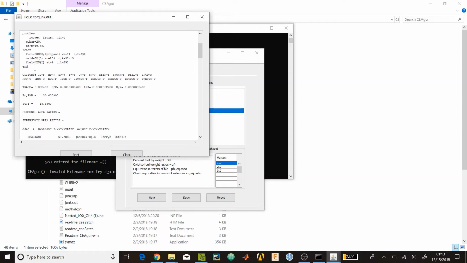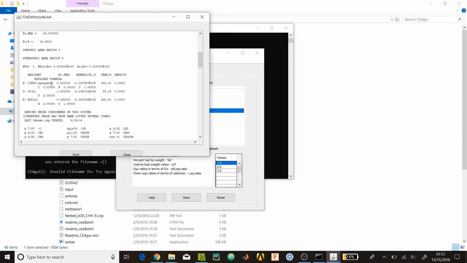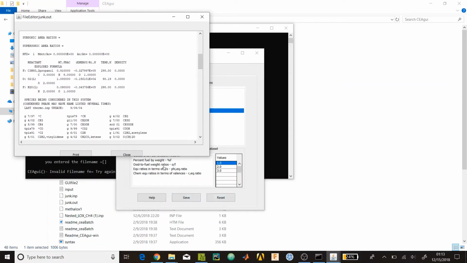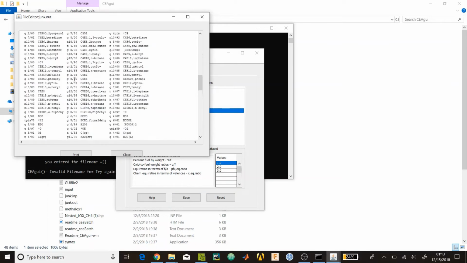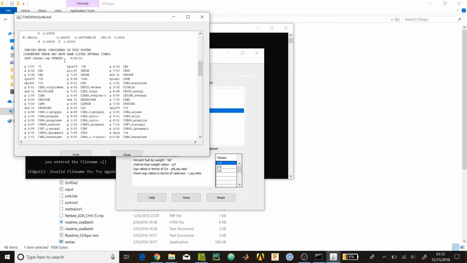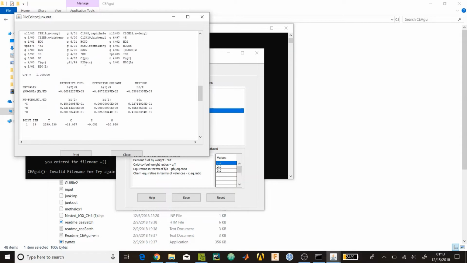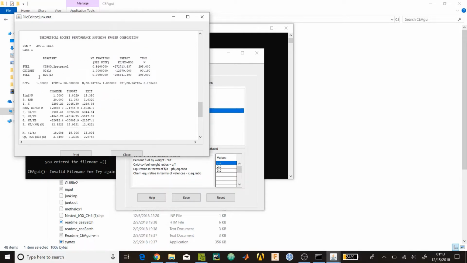It gives you all your inputs, and it gives you separate cases for your different oxidizer to fuel ratios, OF ratios. These are all the intermediate combustion products. So it's saying OF, oxidizer to fuel ratio, is 1.